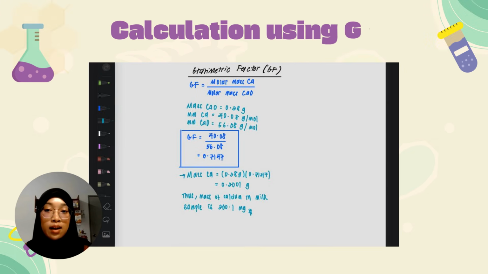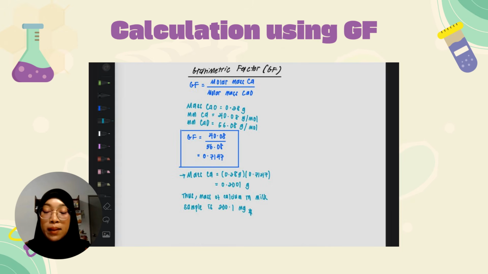Since we have been discussing the gravimetric factor to determine the calcium content in milk, we need to show our calculation by using GF, or gravimetric factor. The gravimetric factor formula is the molar mass of calcium over the molar mass of calcium oxide.